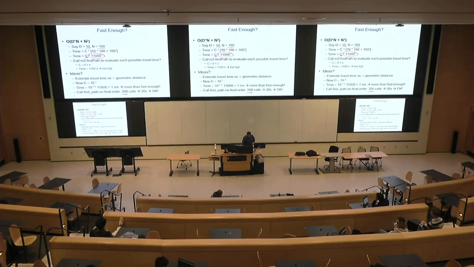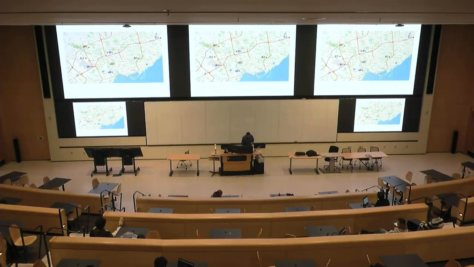If your find path takes 0.1 seconds, you can call it 200 times, it takes 20 seconds, that's less than 50, so it's fine even for one of our bigger problems. So this algorithm is going to be fast enough if we use geometric distance or some other fast way to estimate travel times, and we can call find path at the end to hook up the travel paths.